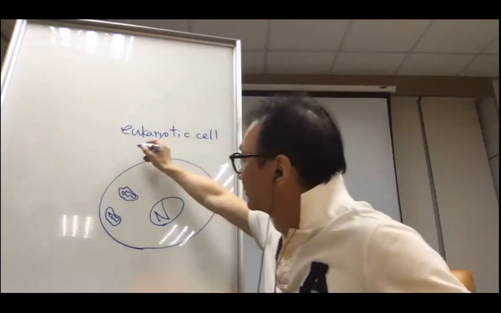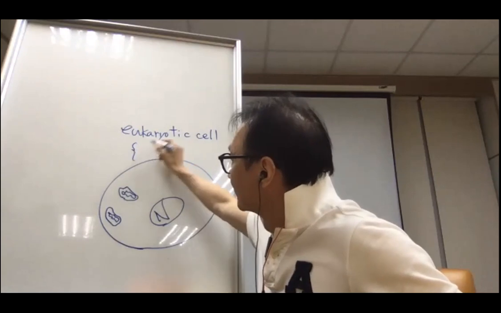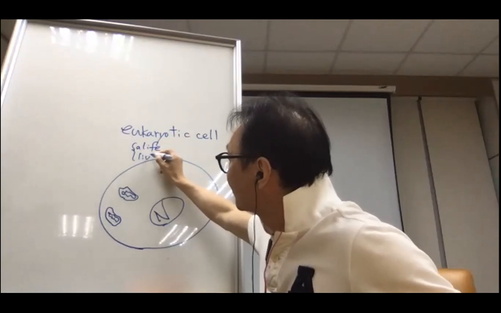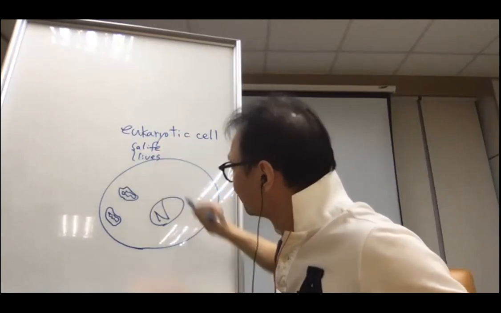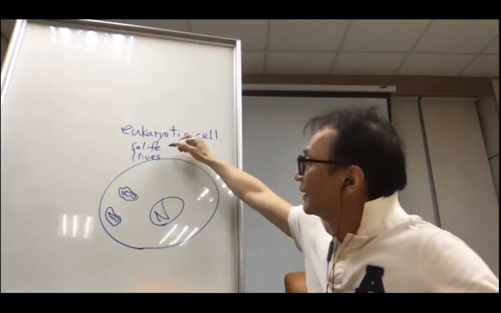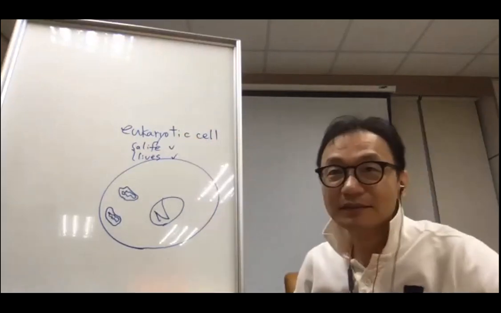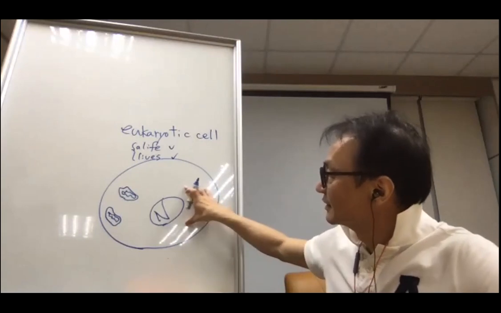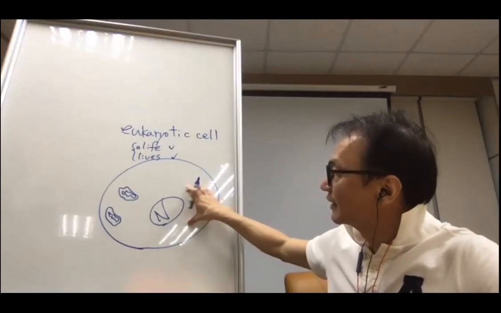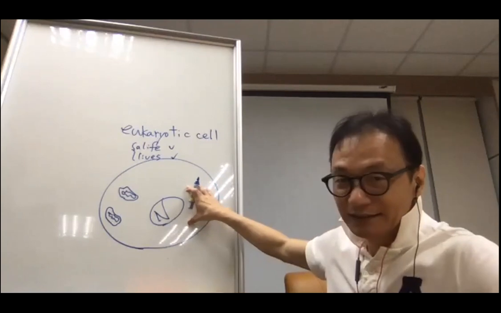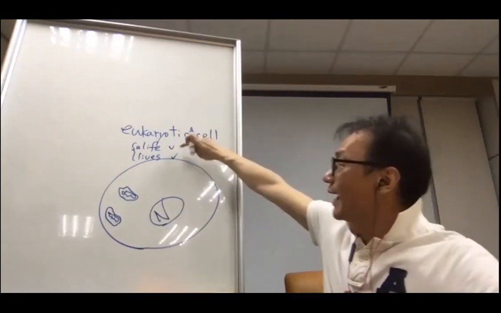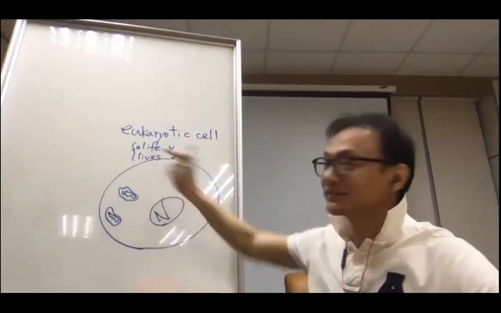Okay, so alive or lives? Which one is more correct? This is the eukaryotic cell, right? Should you consider the eukaryotic cell alive or lives?